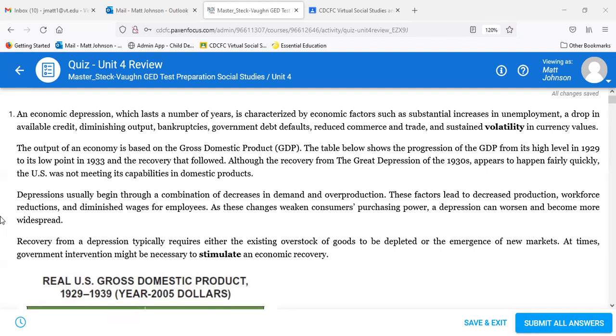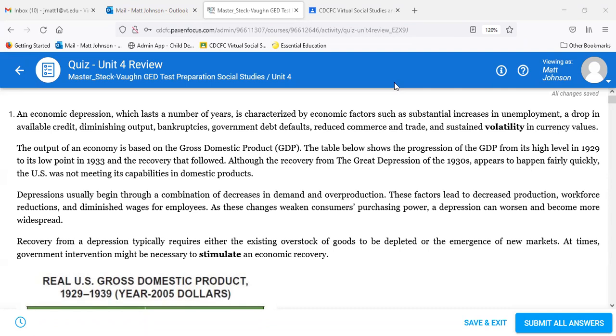Although the recovery from the Great Depression of the 1930s appears to happen fairly quickly, the U.S. was not meeting its capabilities in domestic products. Depression usually began through a combination of decreases in demand and overproduction. These factors led to decreased populations, workforce reductions, and diminished wages for employees.